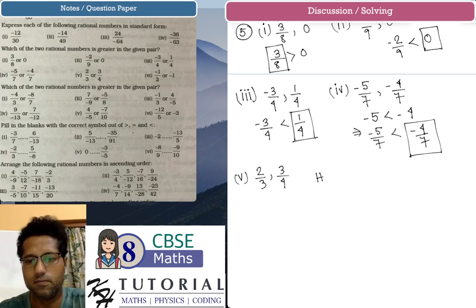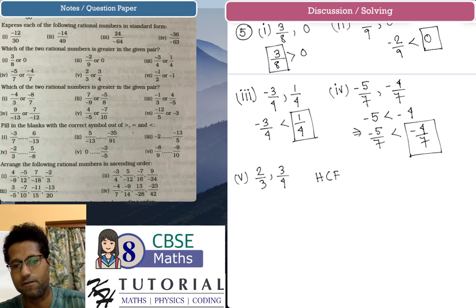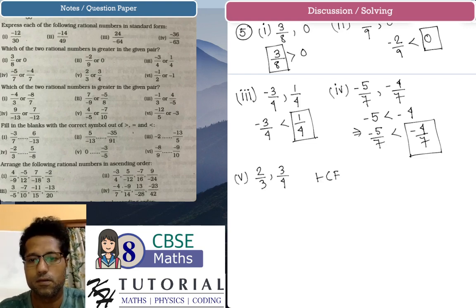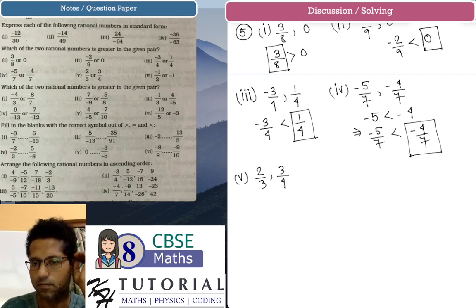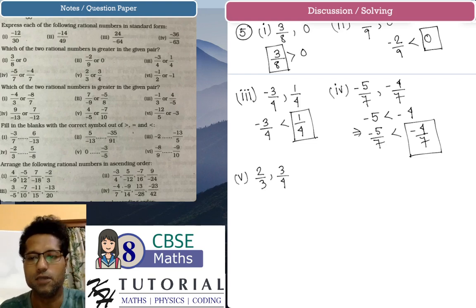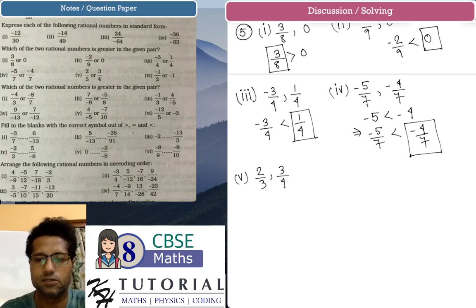Sorry, not HCF but LCM. We have to convert these two rational numbers into their equivalent forms so that both have a common denominator, the LCM of the denominators of the given rational numbers.